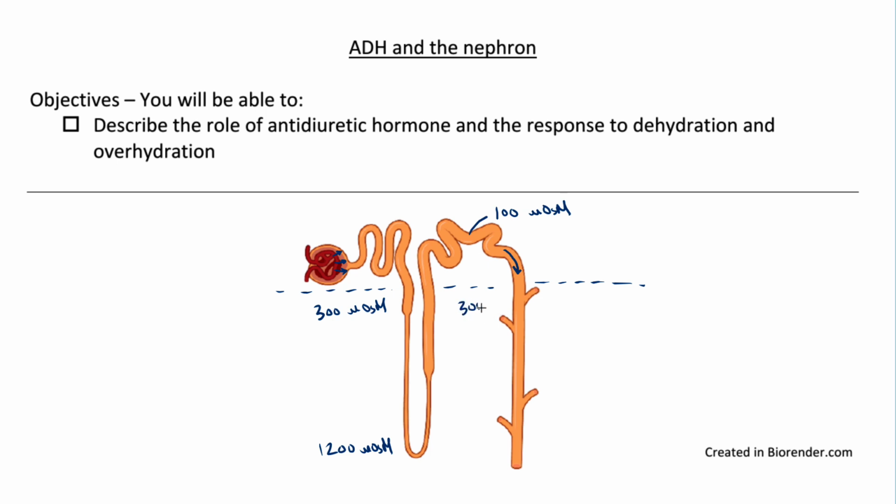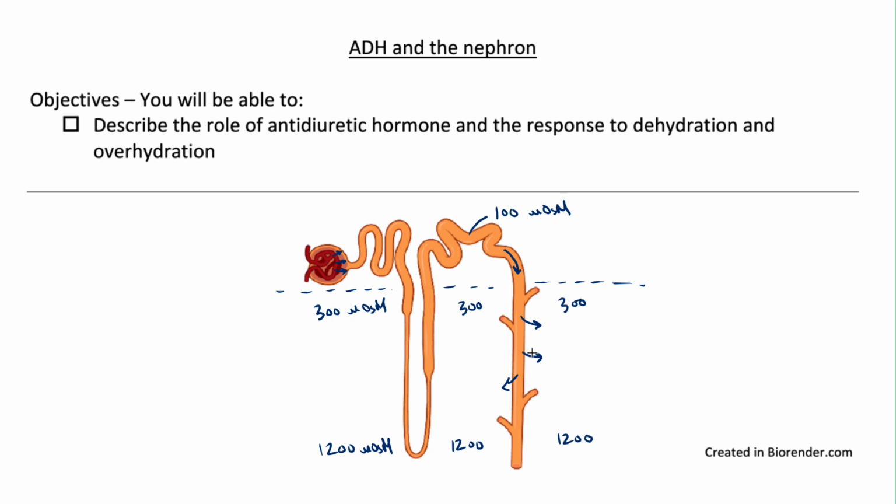Again, remember that this osmolarity of between 300 and 1200 milliosmolar as we go deeper is everywhere around here. And so there is a driving force for water to be reabsorbed from the collecting duct into the capillaries that are not drawn here but surround the collecting duct because of this increasing osmolarity.